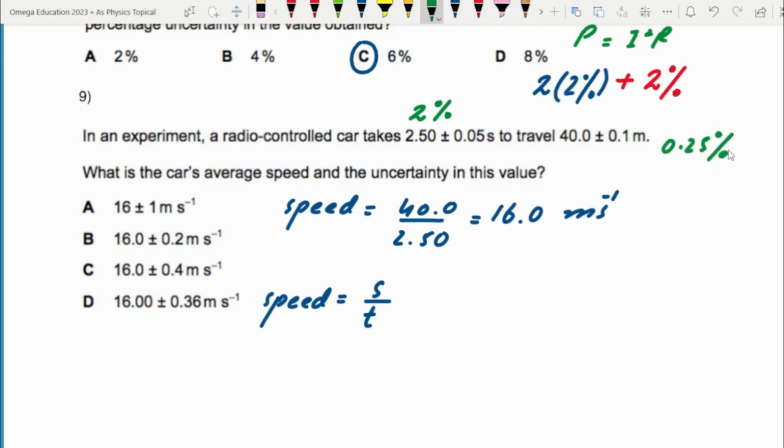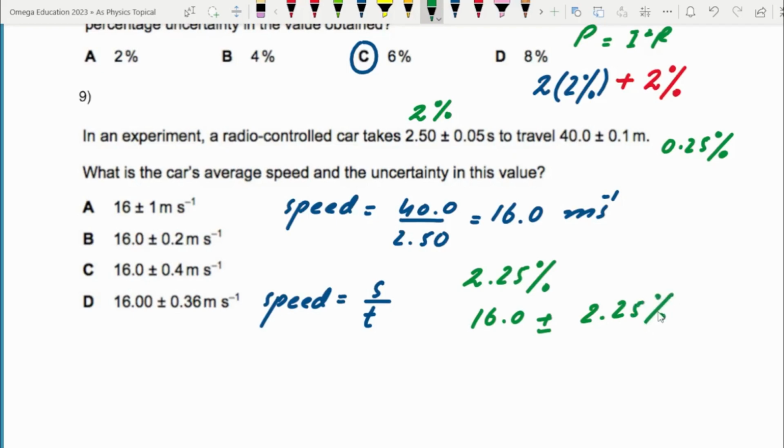Okay, and after that, we add these two percentage uncertainties, so we'll be getting 2.25%. So 16.0 plus minus 2.25%.